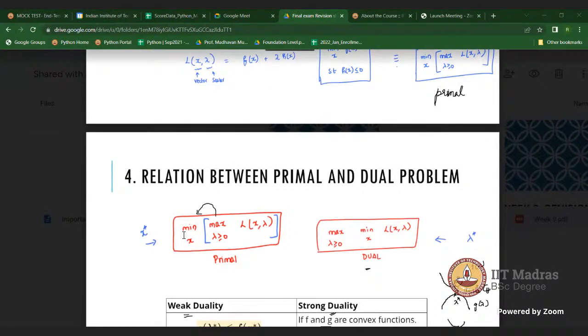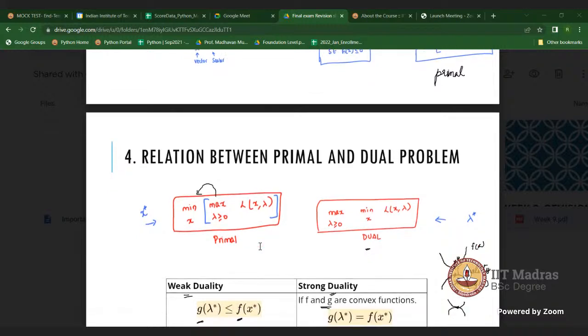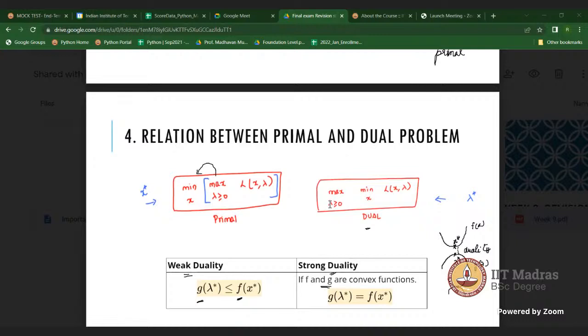I can directly minimize the equation using the property of convexity and the gradient itself, but I do not know how to maximize the function directly using an iterative process. So that's why we do the dual problem: first we minimize over x, and then later we maximize it with respect to lambda.